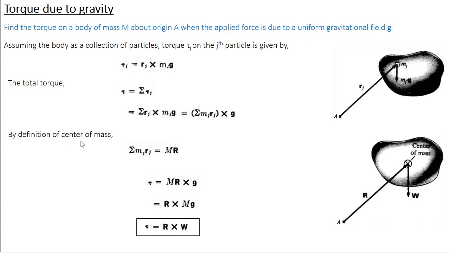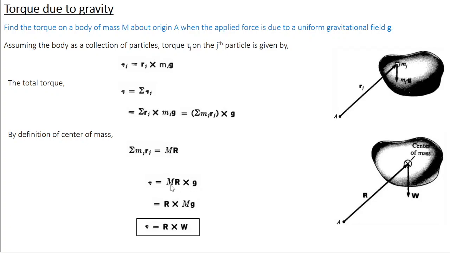From the definition of center of mass, we know that summation over mj rj equal to M into R, where capital M is the total mass of the system, capital R is the position vector of the center of mass, right? So in this expression, instead of summation over mj rj, I can write MR. So tau equal to MR cross g.